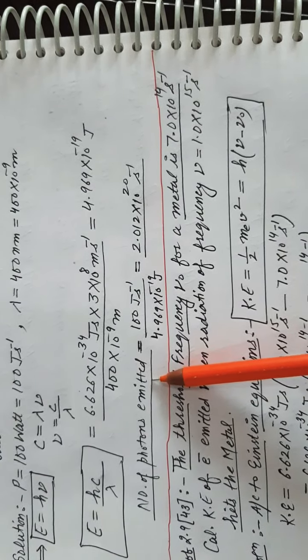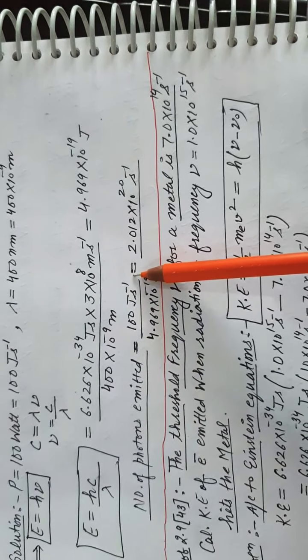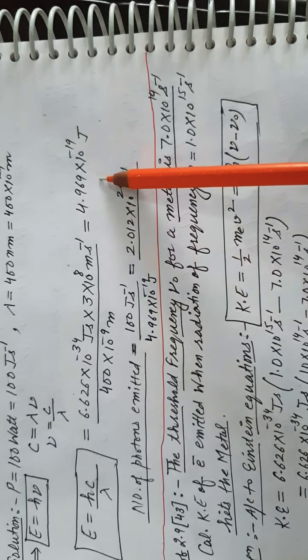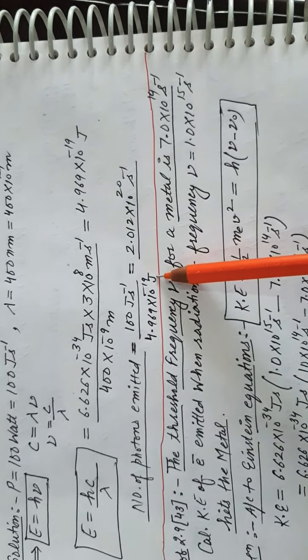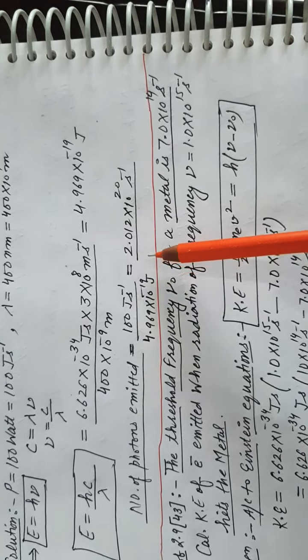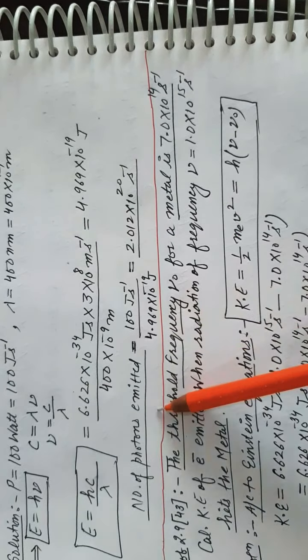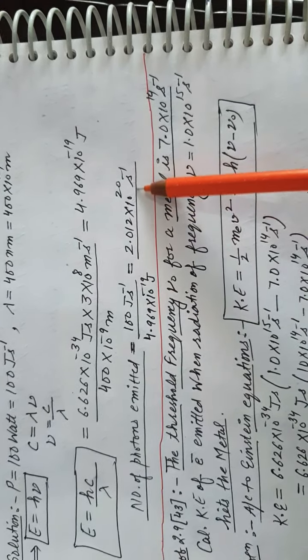So for the number, you have to divide this power, 100 joule per second, by the energy that you have calculated. So joule cancels out and you will get the number in second inverse, that is the number of photons emitted per time, and it is also known as frequency.